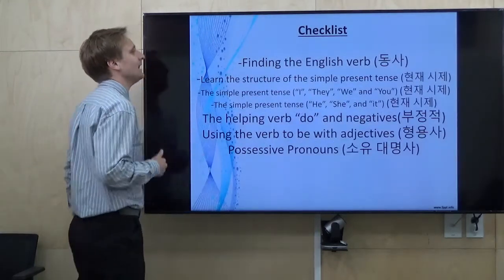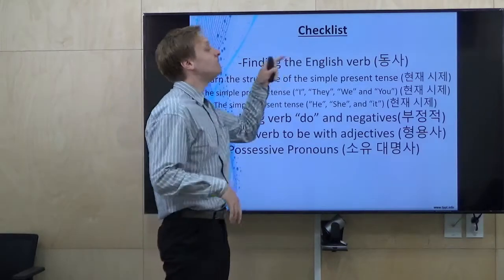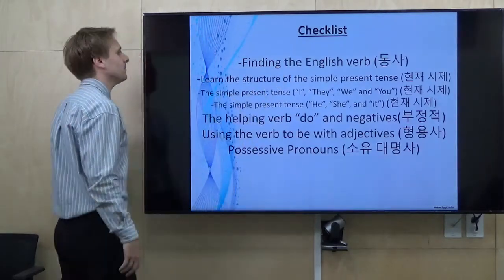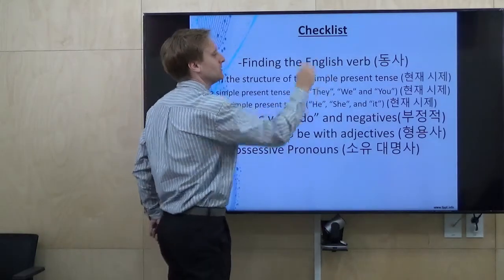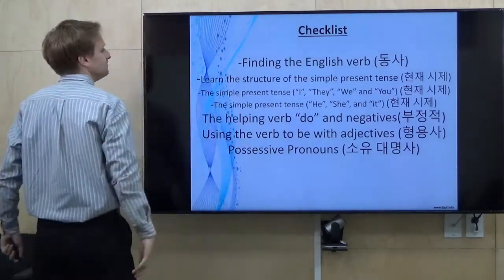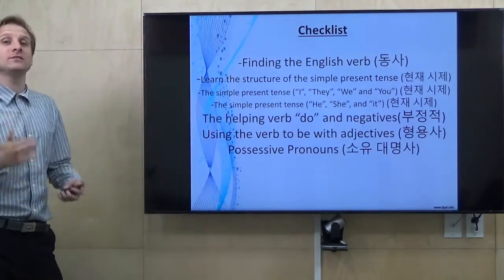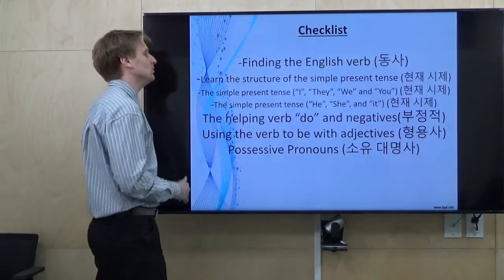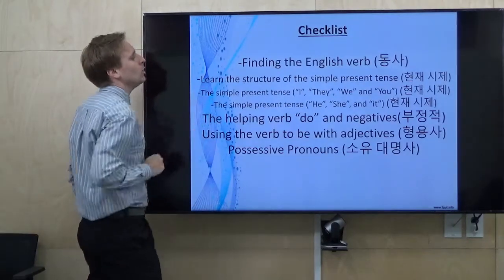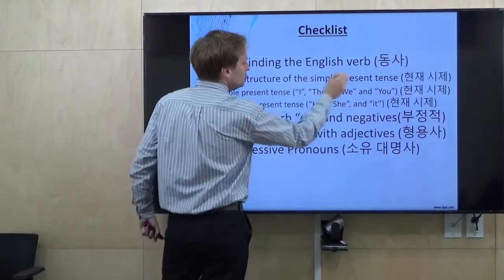Here is our checklist. First, we will practice looking at a picture and finding the English verb. Then, we will learn the structure of the simple present tense in English. Now, we make the simple present tense two ways depending on the pronoun. So first, we will look at the simple present tense with I, they, we, and you.